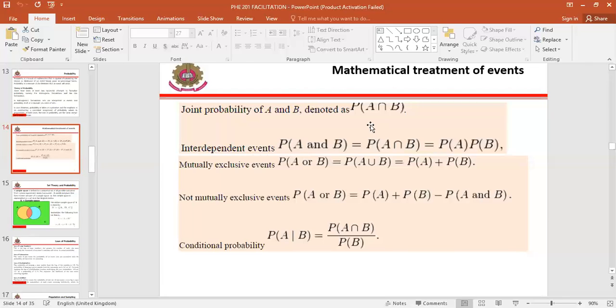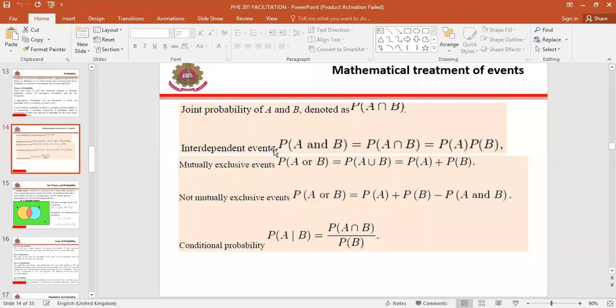Let me say you have 2 into bracket X plus Y, and you expand it. You have 2 times X, plus 2 times Y. In the same way, probability of A and B is the same thing as probability of A times probability of B. That is what we mean by interdependent event.